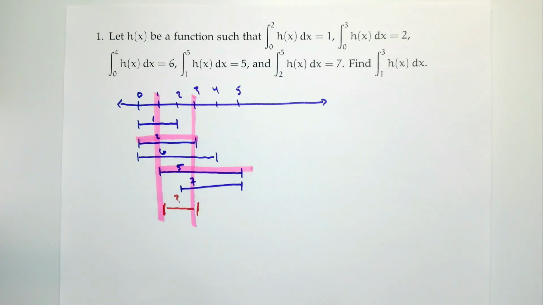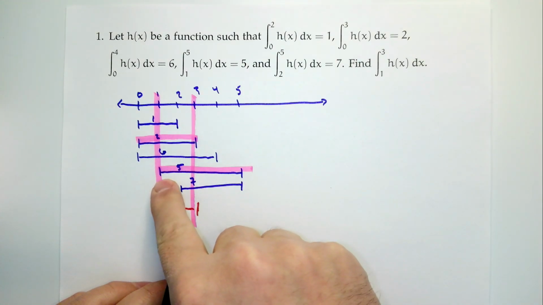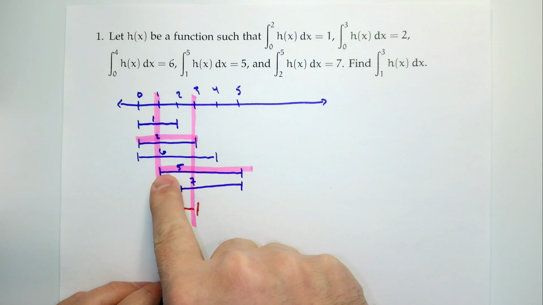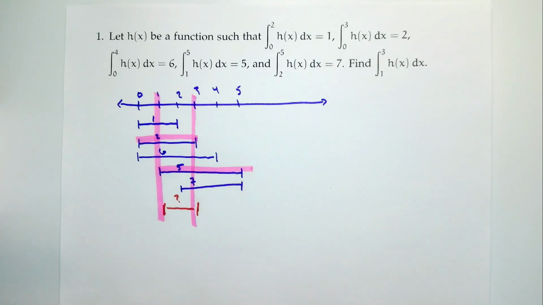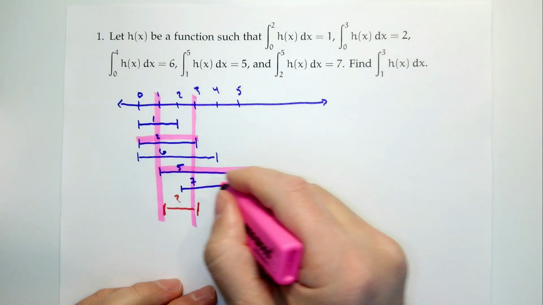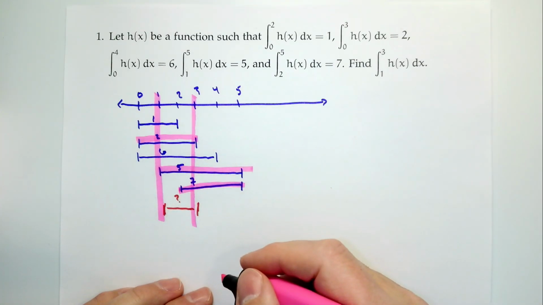How do we fit things together? Interesting problem. I know I need to start at 1, but if I use this one, I have to somehow account for 5. And there's something else that starts at 5, so we can use that information.